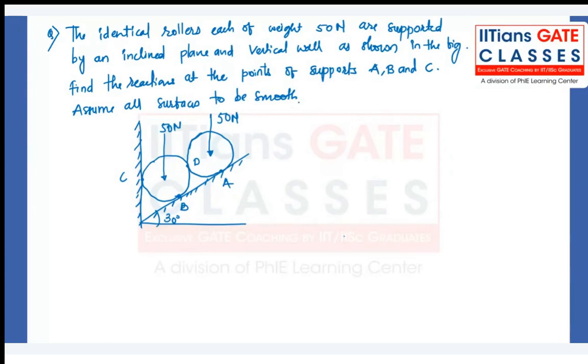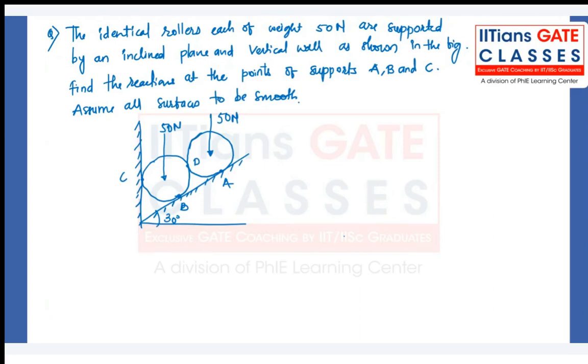Maybe you are using some other names, but your answer looks okay, Ganesh. But 43.3 is for RA, not for RC, and 25 is RD. So it looks like we have to solve it in detail to clarify it.